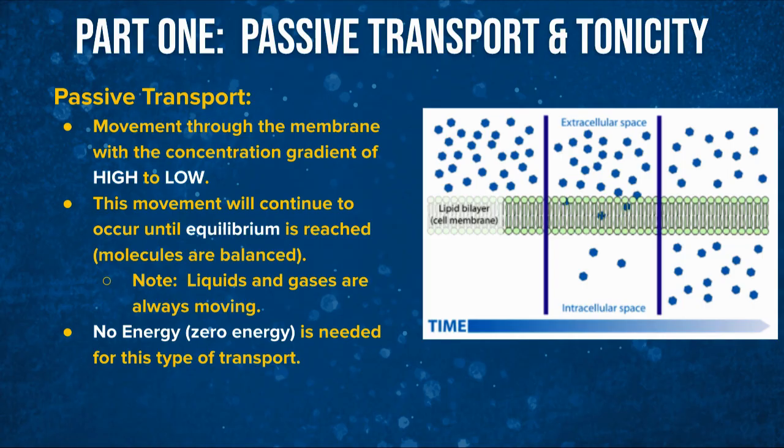They want to be equal on both sides of the cell membrane. And what's important about passive transport is that no energy is required for it to happen because particles naturally want to move from an area of high concentration to low concentration. They want to move that way.